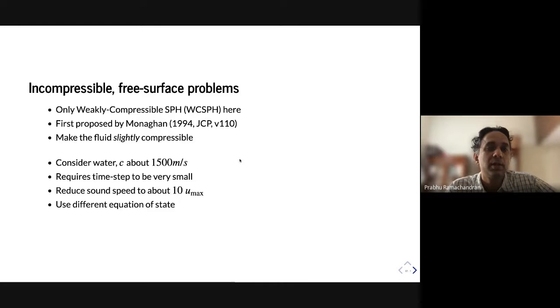And so what Monaghan did was he essentially introduced an artificial sound speed and made it about 10 times the maximum velocity of the fluid flow. What this does is it essentially gives you a Mach number 0.1 flow, which is not really too compressible. And then he proposed a different equation of state, not the traditional equation of state, and put those together and use the same hyperbolic approaches to solve this problem.